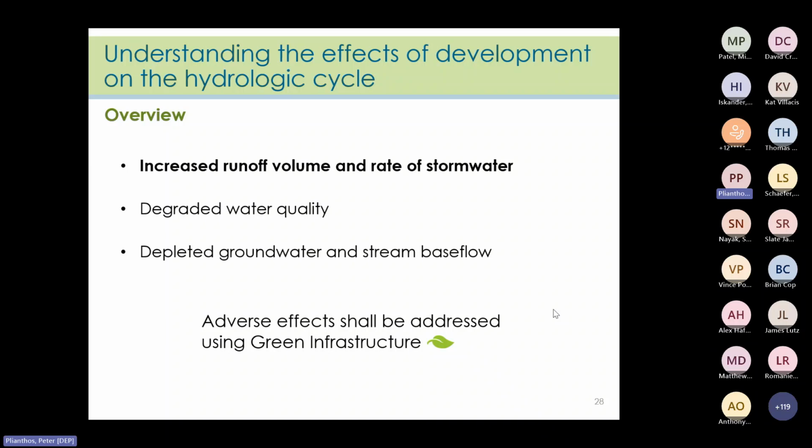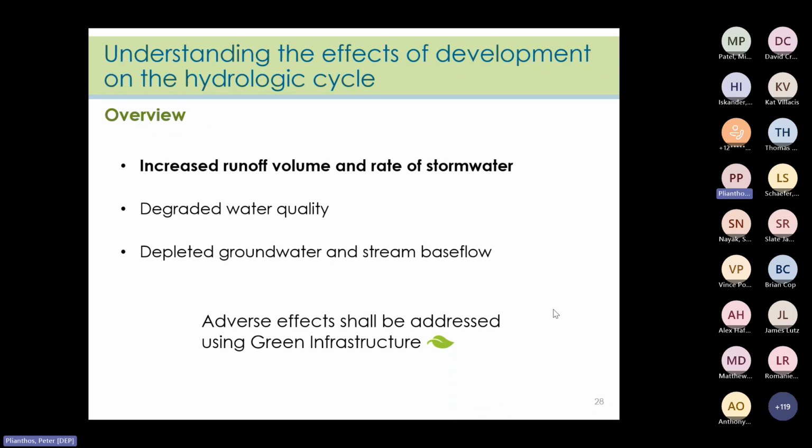As a reminder, here is an overview of those adverse effects of development previously discussed. Under the current rule, there is a requirement to mitigate these adverse impacts using green infrastructure, which acts to reproduce as closely as possible the natural hydrologic cycle, but more on that requirement later.